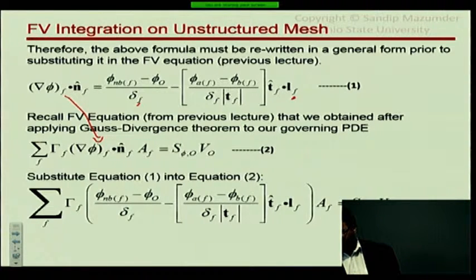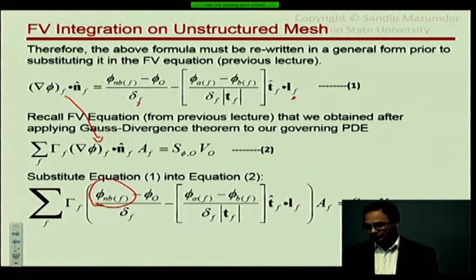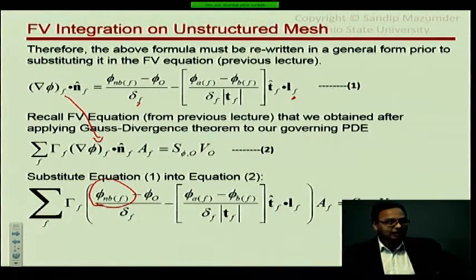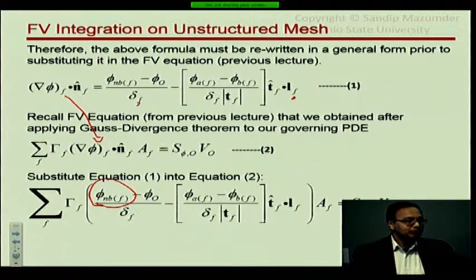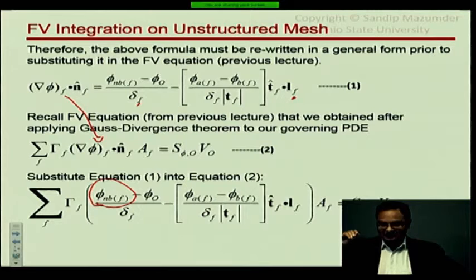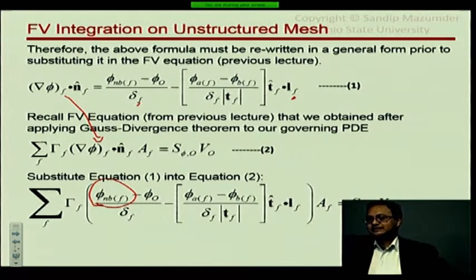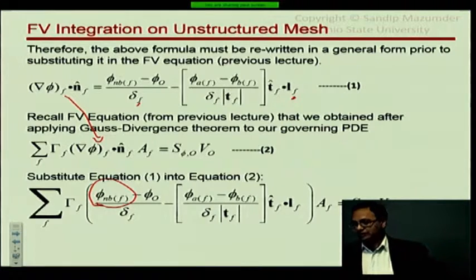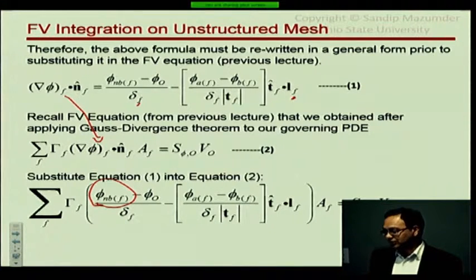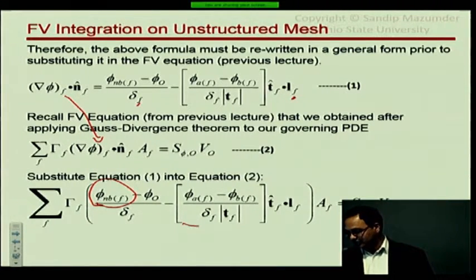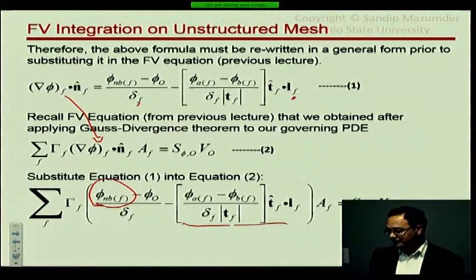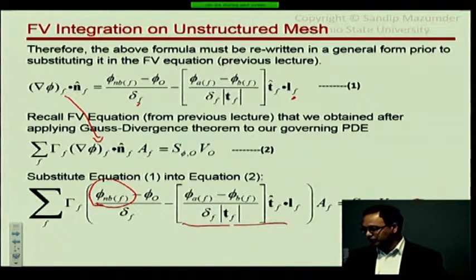Here you notice that you have phi of the neighboring cells. We haven't assigned a number there because we don't know the number a priori. We have to go to each face and query what is the cell number next to that face, and then accordingly put it into that equation. And then here is your tangential term. This is the overall finite volume equation that you would have.